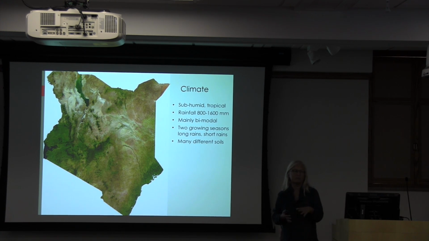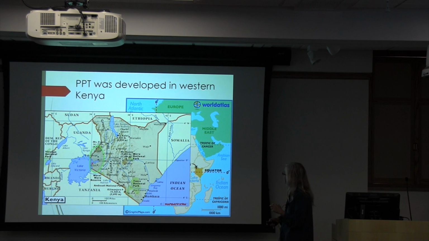However, very far up north, there's one long rainy season up near Kitale in the northernmost border of the area they work in. So there are farmers using push-pull systems in other parts of Kenya and also in other sub-Saharan countries, but most of them are concentrated in this region of western Kenya.